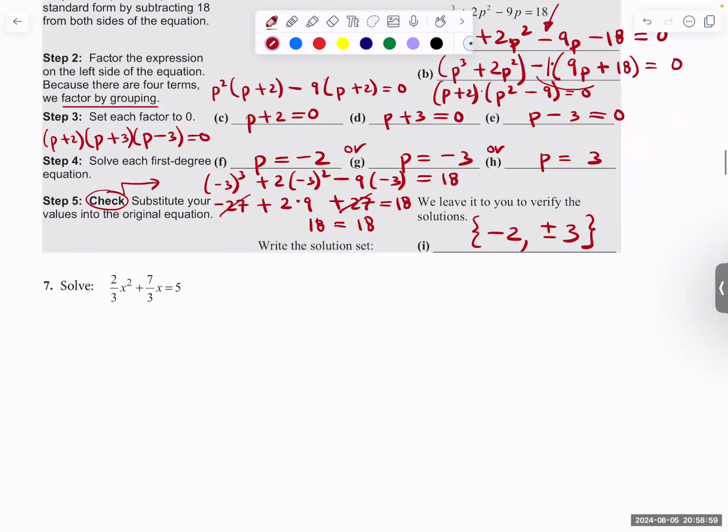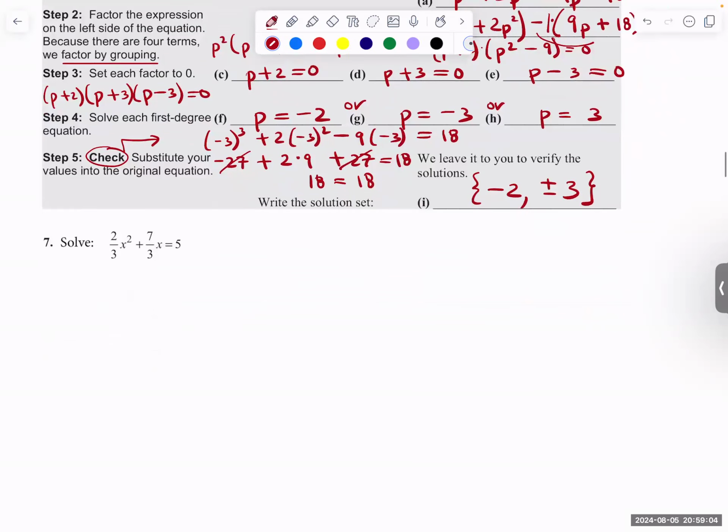In number 7, we have a quadratic equation with a quadratic term, a linear term, and a constant. Because it's common and a good idea to eliminate the fractions, clear fractions, we're going to multiply by the least common multiple of the denominators, which is 3. We're going to multiply every term by 3. So 3 times 2/3 x squared and 3 times 7/3 x equals 3 times 5.